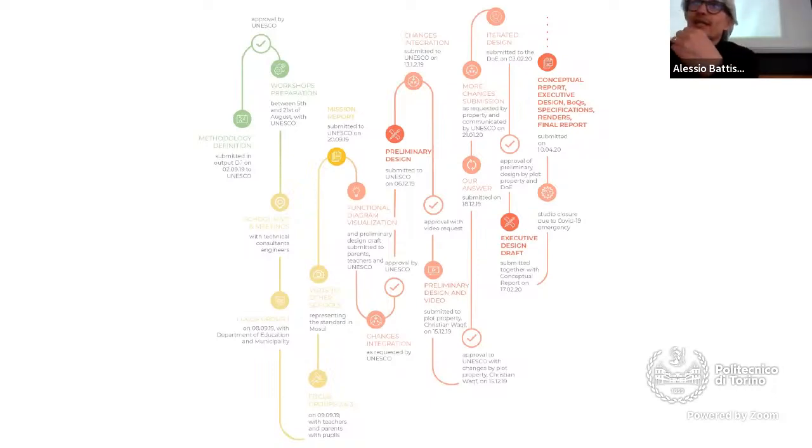We used to work in crisis and emergency, but that was a new emergency, so it was totally different. And in all this process, UNESCO, or a UN agency, asked much more than what we agreed in the contract, but they are the most powerful.